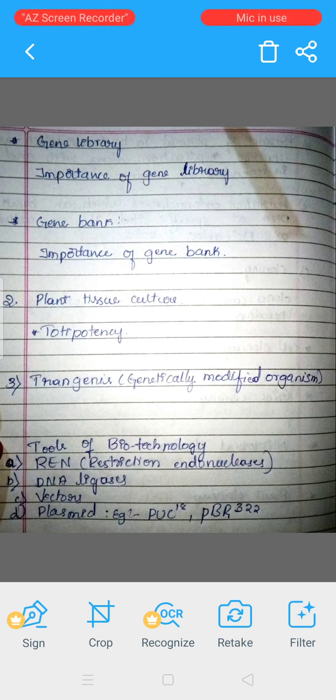The restriction endonucleases are found in a wide range of bacterial species. They recognize a special sequence called palindromic sequence on DNA.